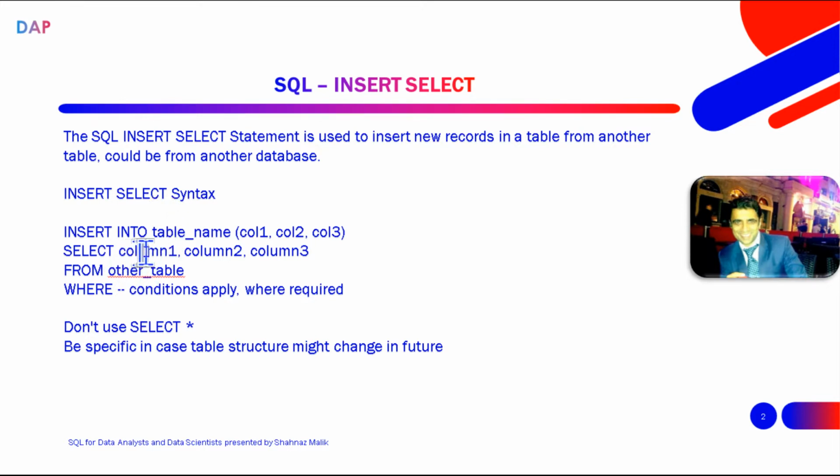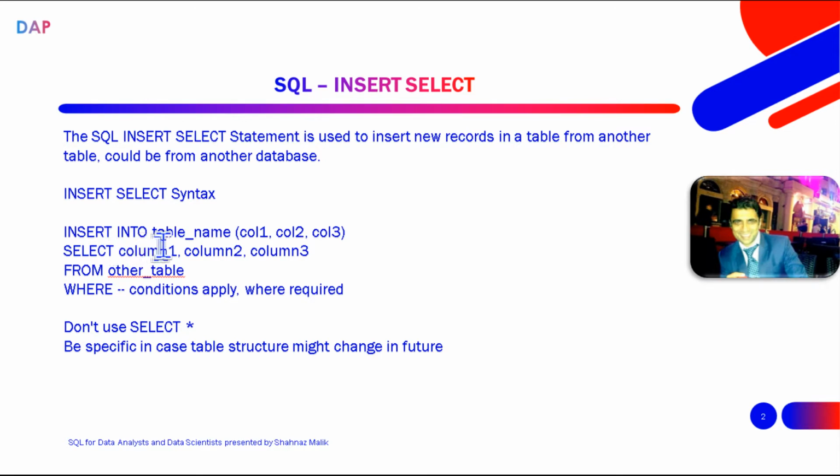So, INSERT INTO table name, and then once you give the table name, you show the columns, and then you pick the values for those columns. So if I'm requesting to insert into column 1, column 2, column 3, then I am picking values from a SELECT statement.